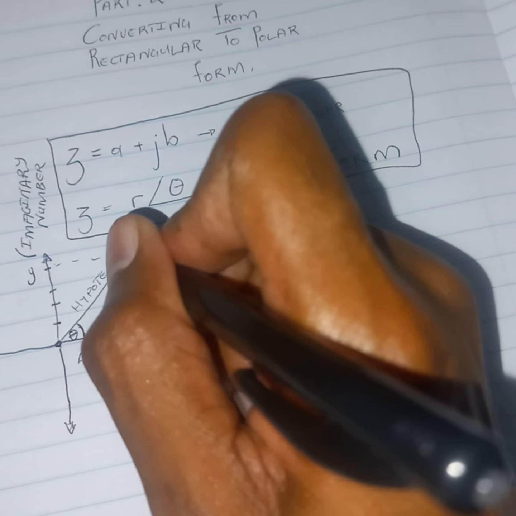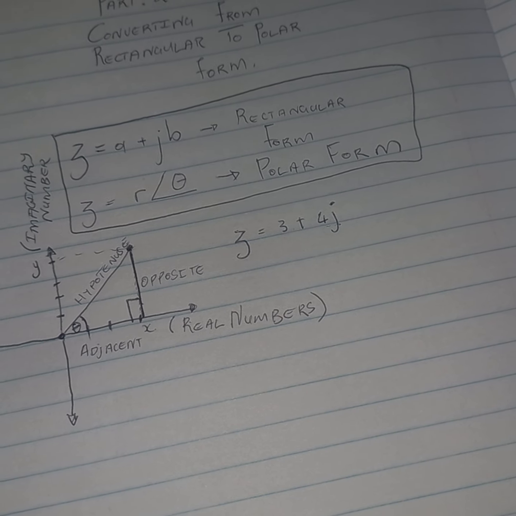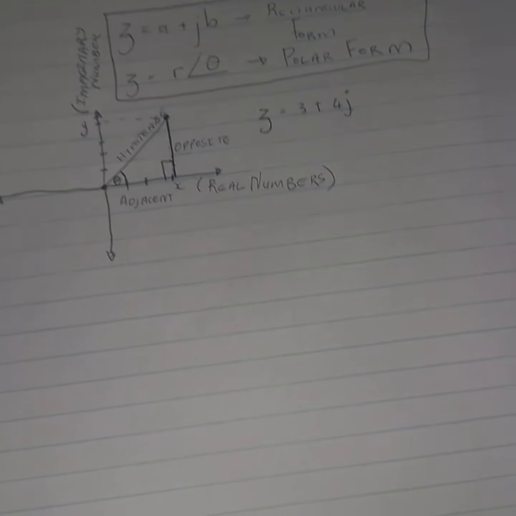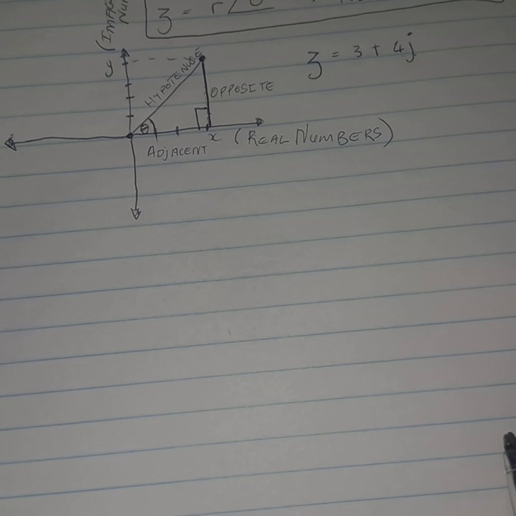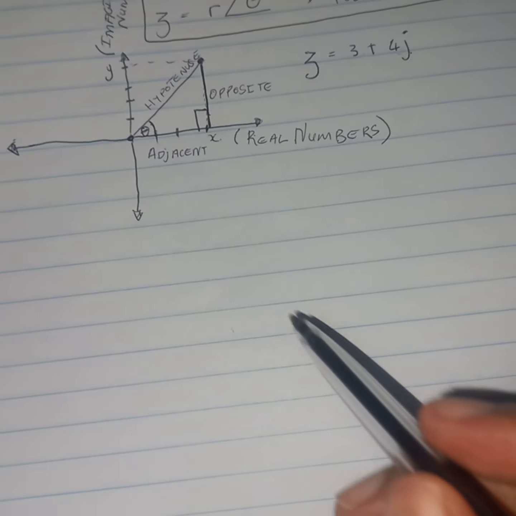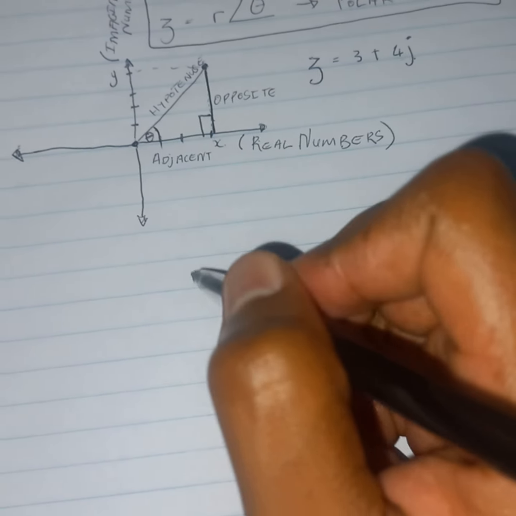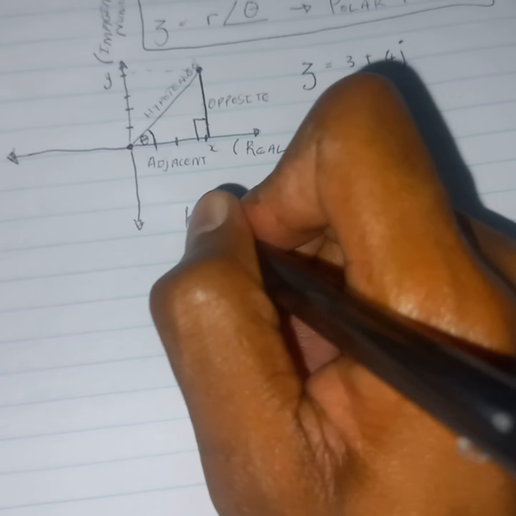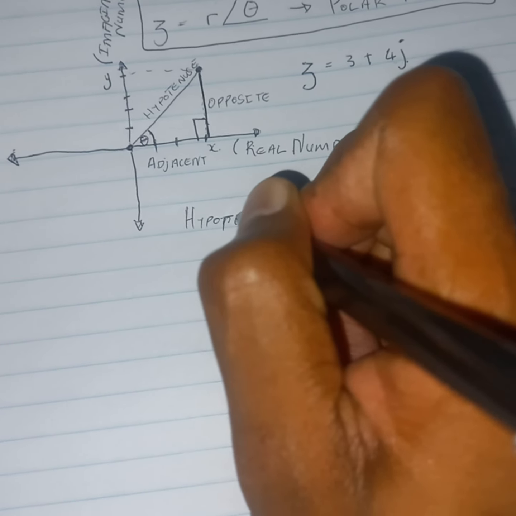But since we are dealing with complex numbers, the names are slightly different. I'm not going to be calling the hypotenuse a hypotenuse. Let's talk about the names, the different name that we assign to the hypotenuse.